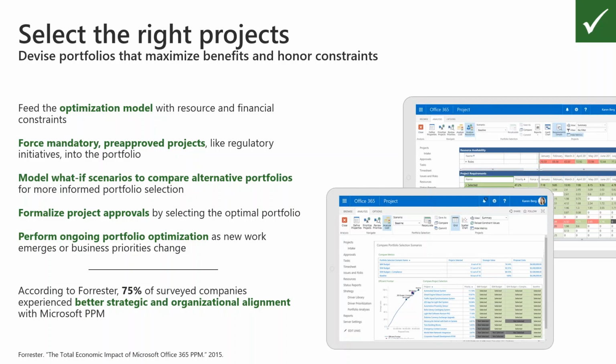Managers can adjust these constraints throughout the process to evaluate how additional funding or resources might improve business outcomes and alter the set of selected projects. This kind of visualized what-if analysis gives portfolio managers and PMOs an objective format for evaluating project proposals, as well as the ability to run any number of alternative scenarios to compare different approaches.